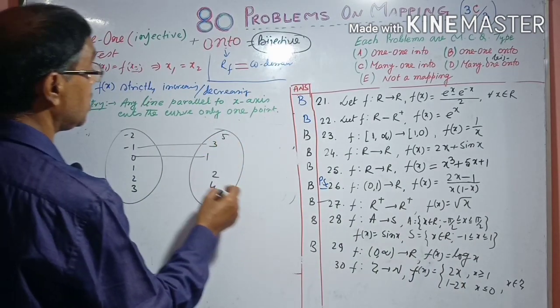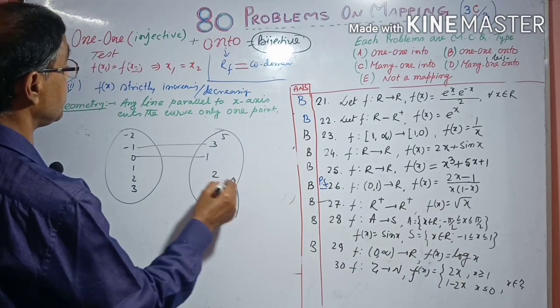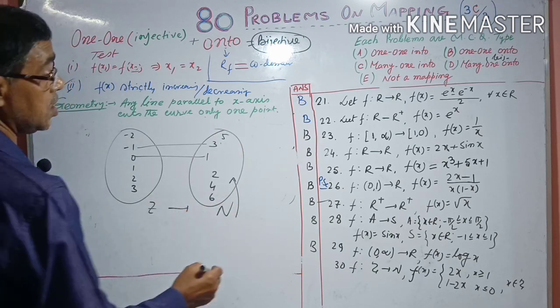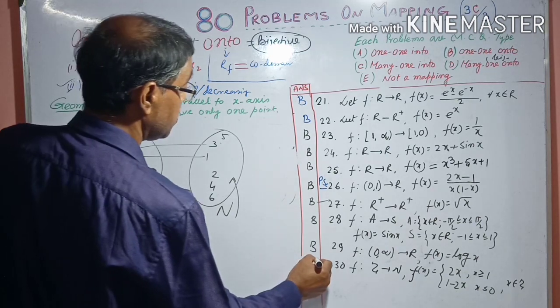So all the natural numbers come here, 1, 2, 3, 4, 5, 6. Z to N is also one-one and onto, that is bijective.